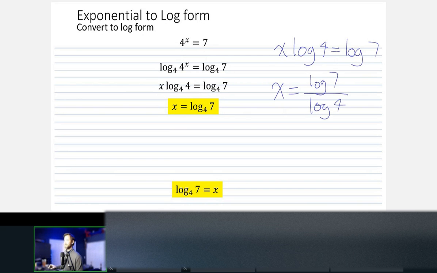And by the way, if I don't write the base, like I'm not doing now, what is the invisible base actually? It's a 10. I just want to make sure we all know that. This is called common log. Now, once I have it in this form, we have one more step to do. Write it as a single log. How do I do that?